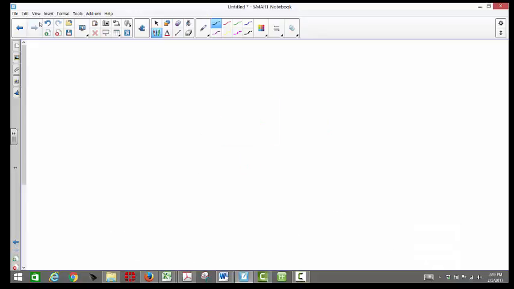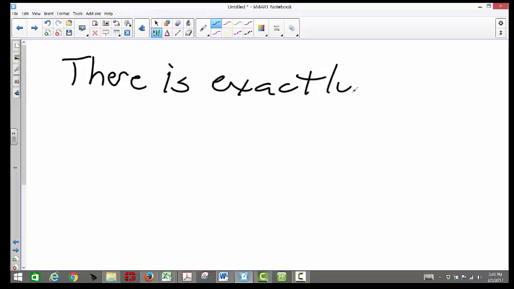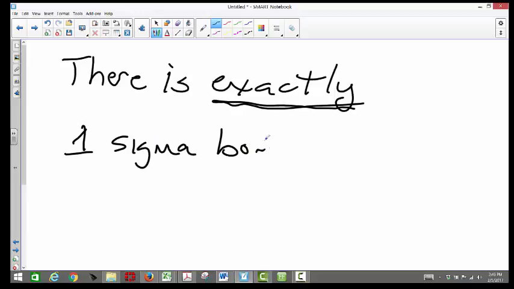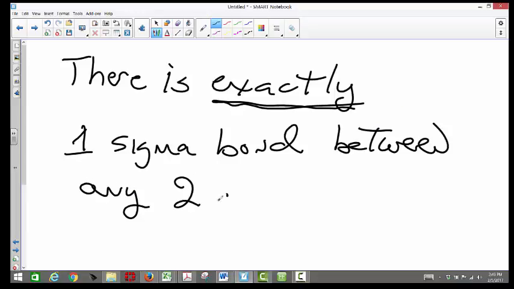Now, according to this bonding theory, there is exactly one sigma bond between any two atoms. Okay? Exactly one sigma bond between any two atoms.